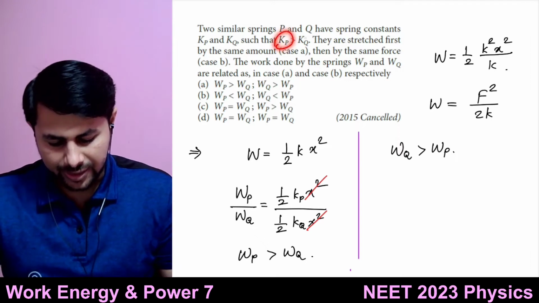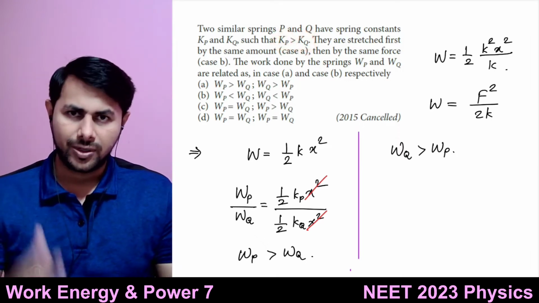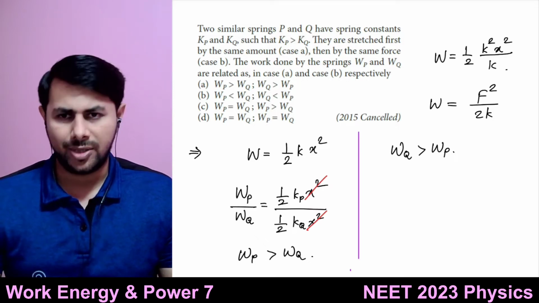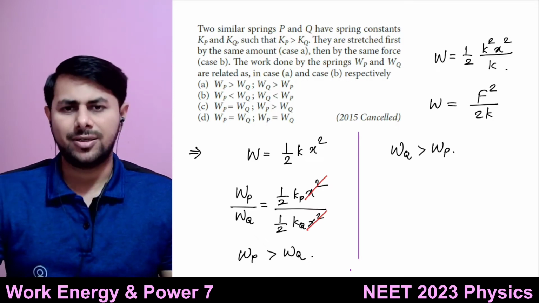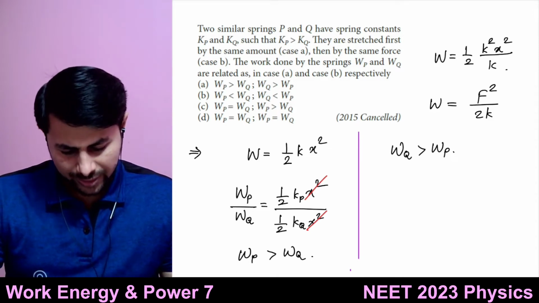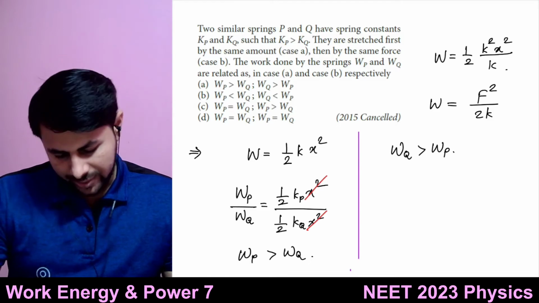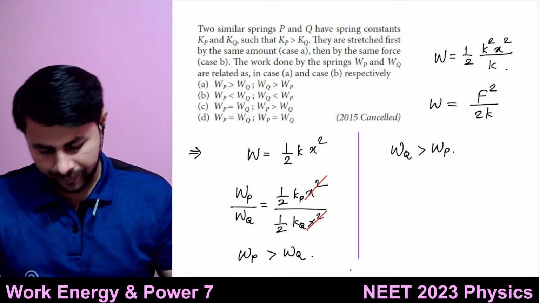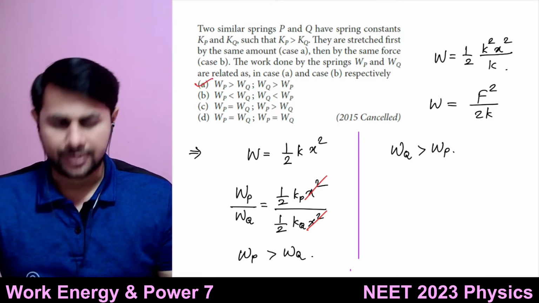Kp is greater than Kq, so work done on Q will be greater than work done on P. Wq will be greater than Wp. Okay, Sanjay is saying option A. Wp is greater than Wq. Right, option A is the answer.